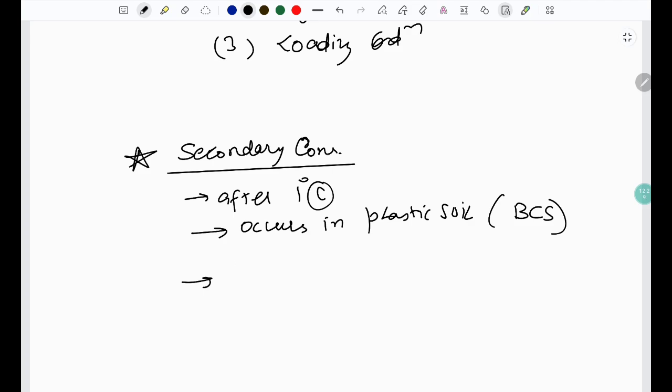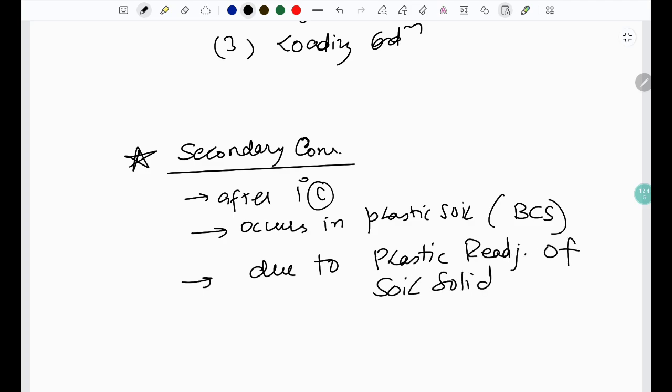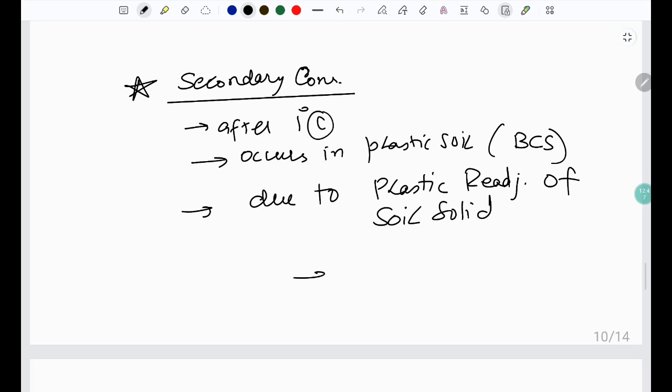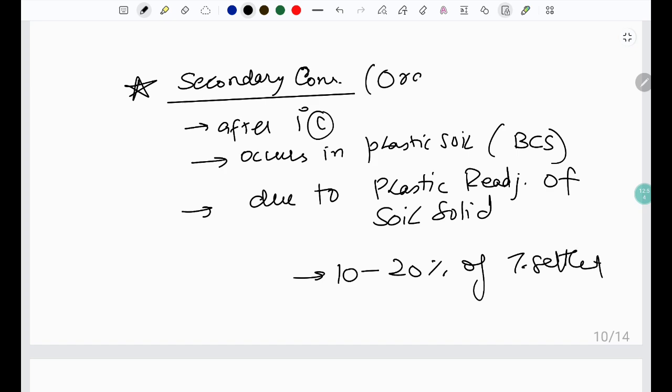That is, for a long period of time the constant load acts and volume change is recorded, but that change is due to plastic readjustment of soil solids, and it is generally 10 to 20% of total settlement, and it is more often seen in organic clays rather than inorganic ones.